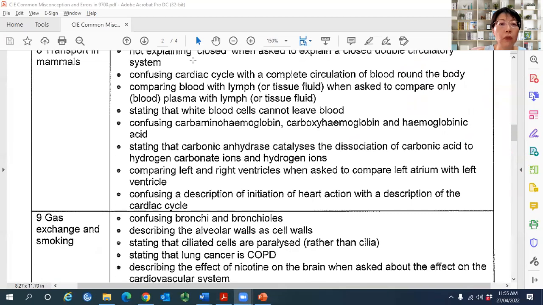So this one leads to the Bohr effect. How do you explain that when CO2 concentration is high, it causes hemoglobin to unload oxygen? It is because of all these processes happening here when you're asked to explain why. What is the Bohr effect and why does it happen?